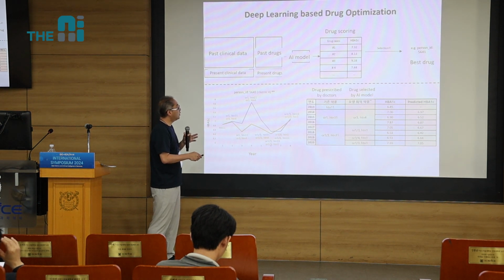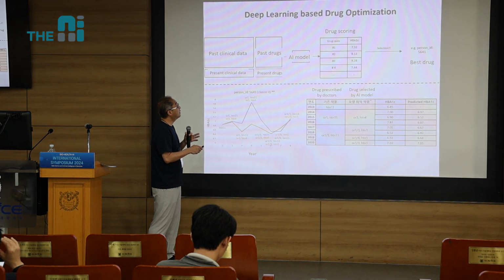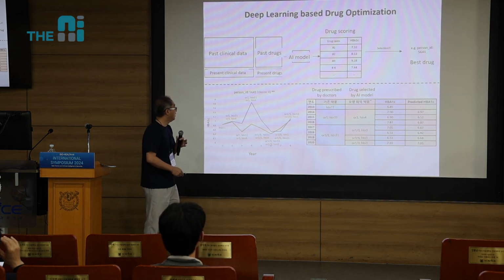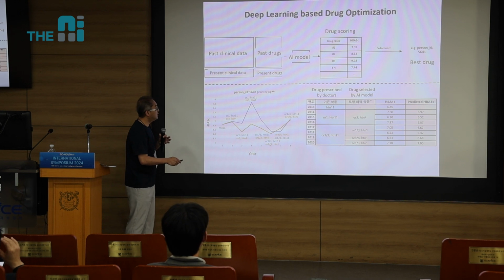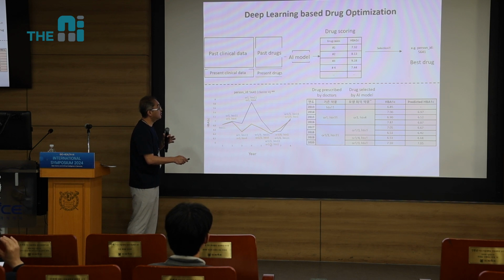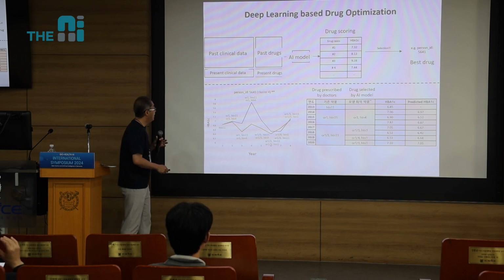And then we chose the best drug which lowered this HbA1c most effectively. So this is the real drug prescribed by doctors, and this is the drug selected by the AI model. And this is the real profile of the HbA1c of this patient based upon this drug treatment here.